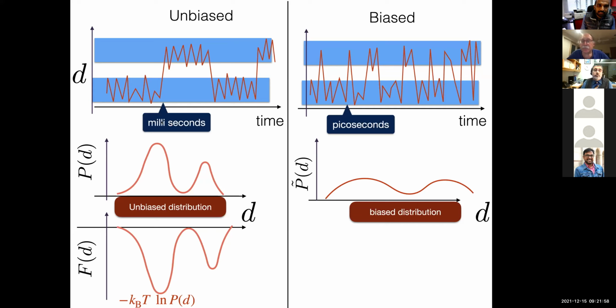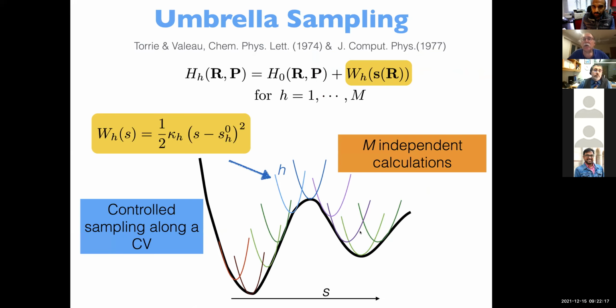For example, here these transitions could take milliseconds, but in biased simulations that could be simply picoseconds. We also can get a distribution, but that distribution is a biased distribution, and we need to worry about how to get the unbiased distribution from it, and of course then get the free energy. That's the usual approach, and there are various techniques in this field.